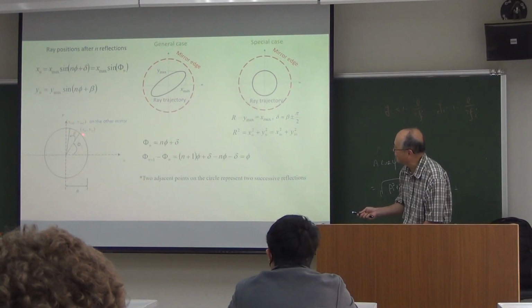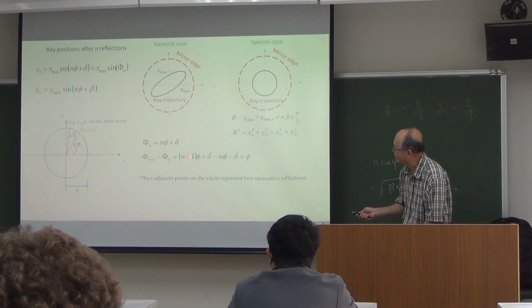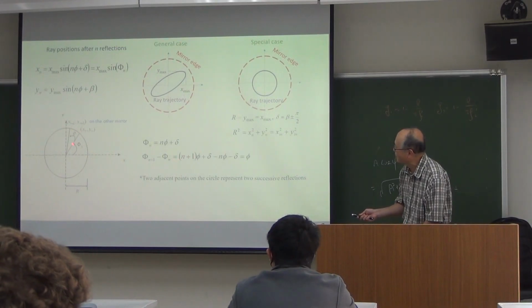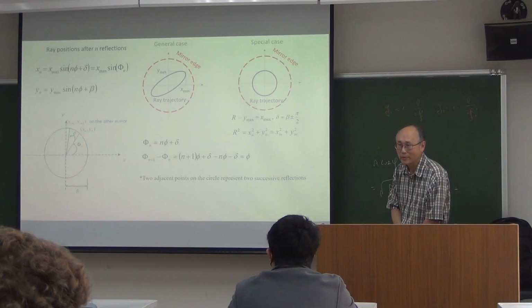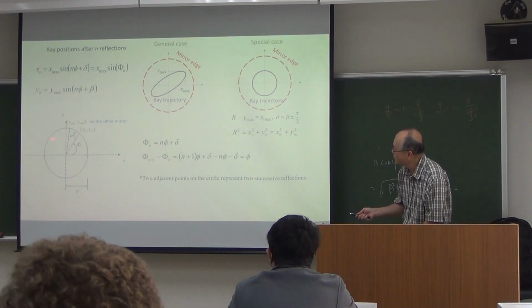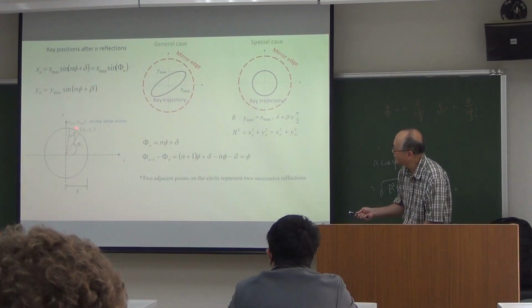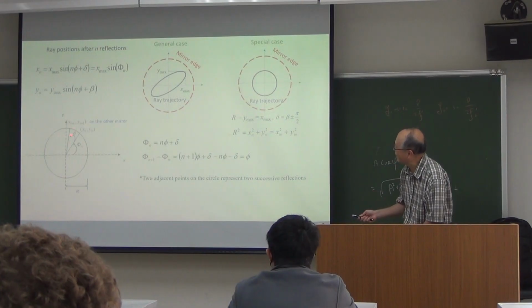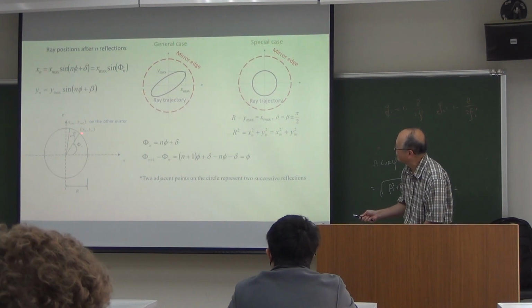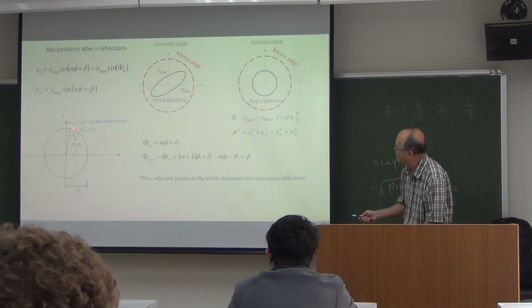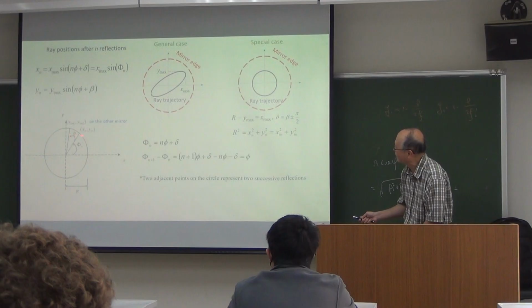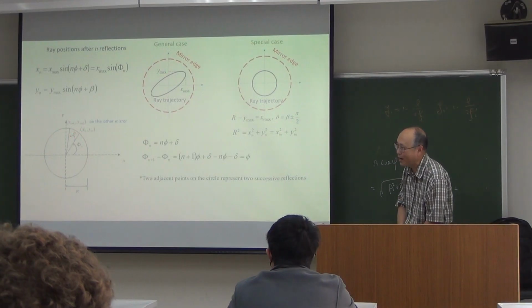But be careful, because whenever you change n by 1, it's a single trip, not a round trip. So you have to project the position from the other mirror back to the original mirror. So this is the initial position on, for example, the left mirror, and this is the position on the right mirror. The angle between them differs by phi.